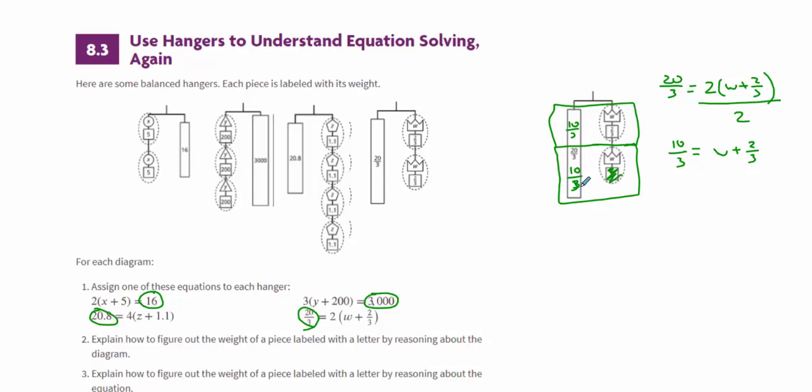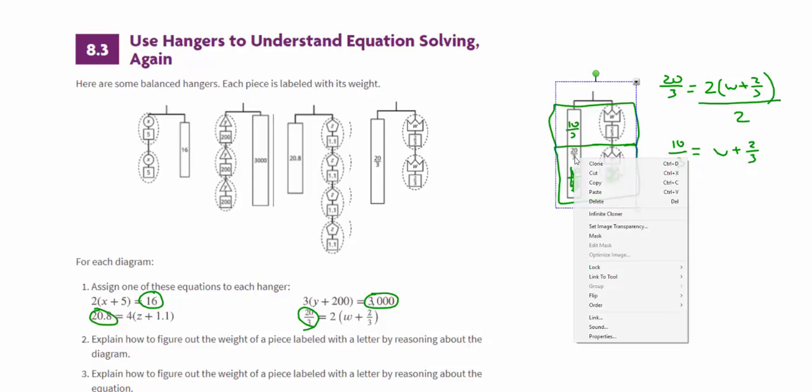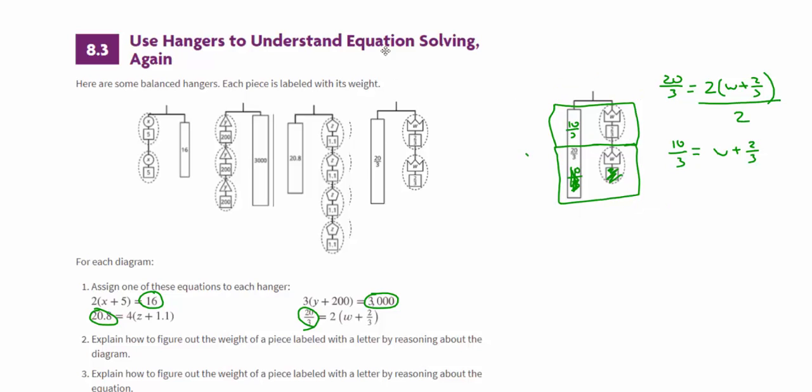If I take away 2/3 from 10/3, that's going to leave me with 8/3. So I end up with w is equal to 8/3.